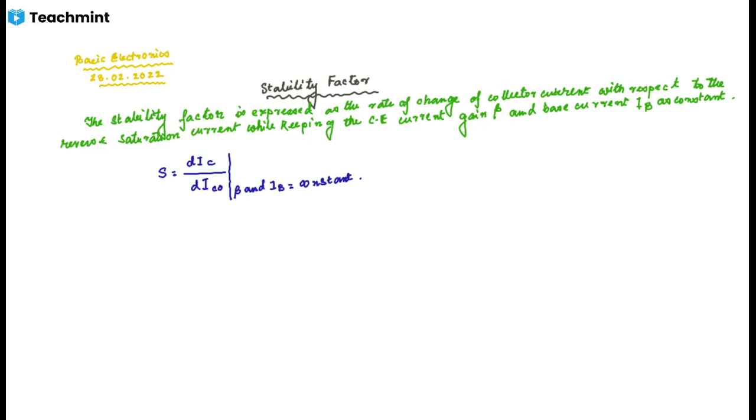The stability factor S is a measure of the bias stability of a transistor circuit. So it measures the bias stability of a transistor circuit.